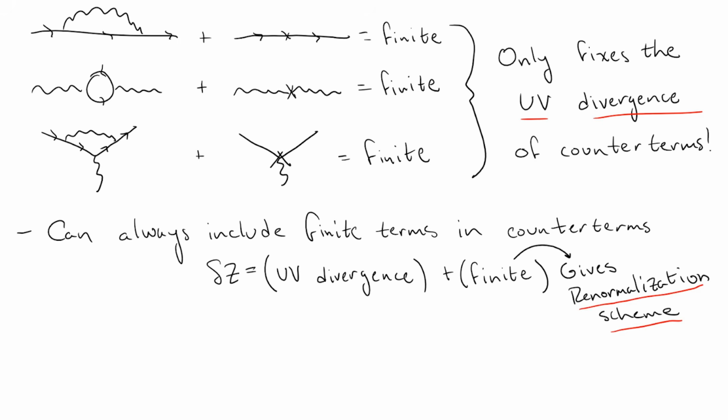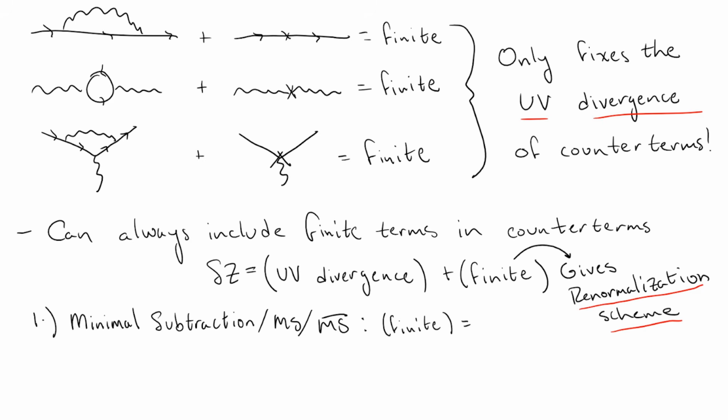The two most common choices of renormalization scheme are to not include any finite terms, known as the minimal subtraction, MS or MS bar scheme, or to fix everything so that on-shell particles always have the masses which are measured by experiments, known as the on-shell scheme. Again, at the end of the day, our final calculations should be completely independent of our choice of scheme, so we can choose whatever's best suited for the calculation at hand.